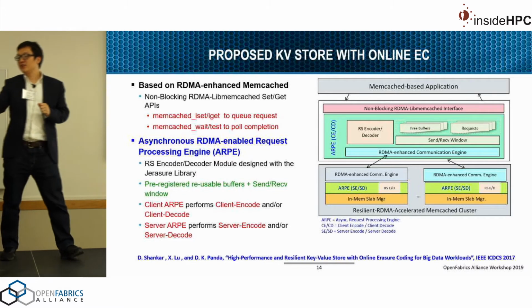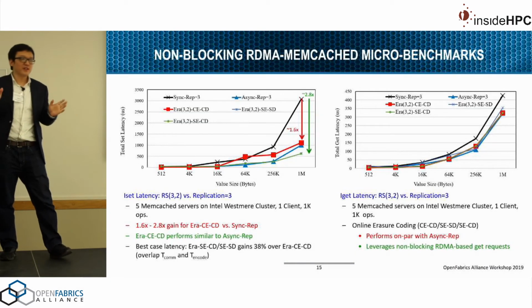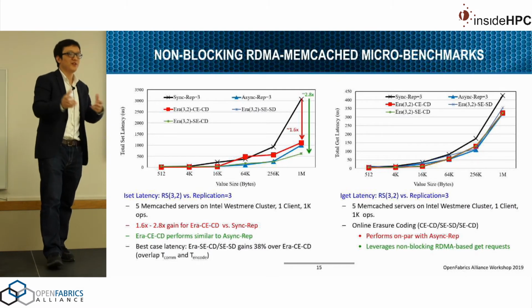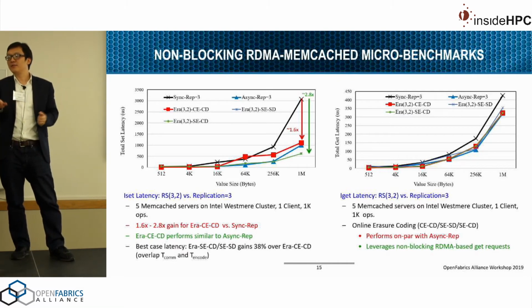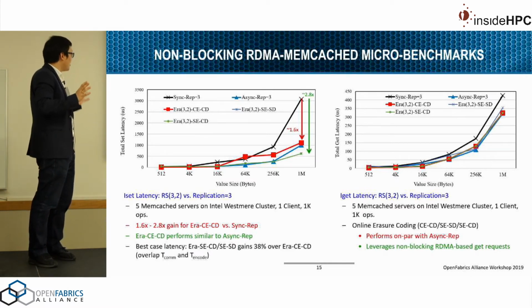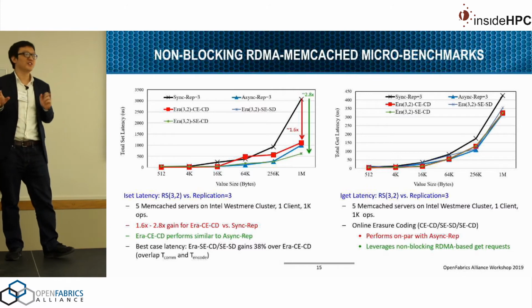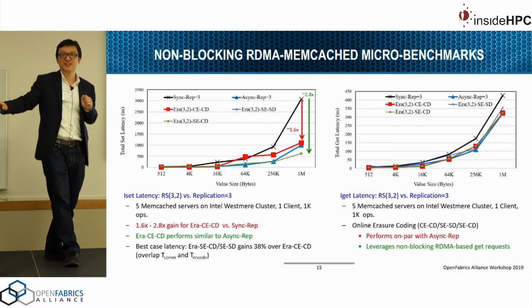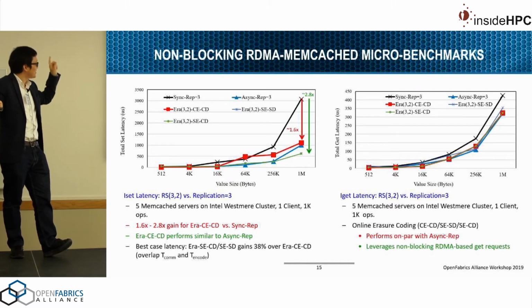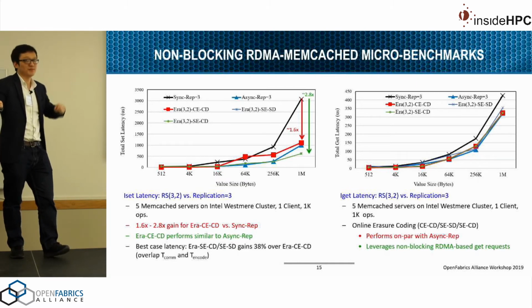We have implemented all these components in both the Memcached client and the Memcached server. We evaluated them with different kinds of combinations. Finally, we see that if you do encoding on the server side and decoding on the client side, you'll get the best performance. We compared with different schemes, with synchronous-based replication or asynchronous-based replication.